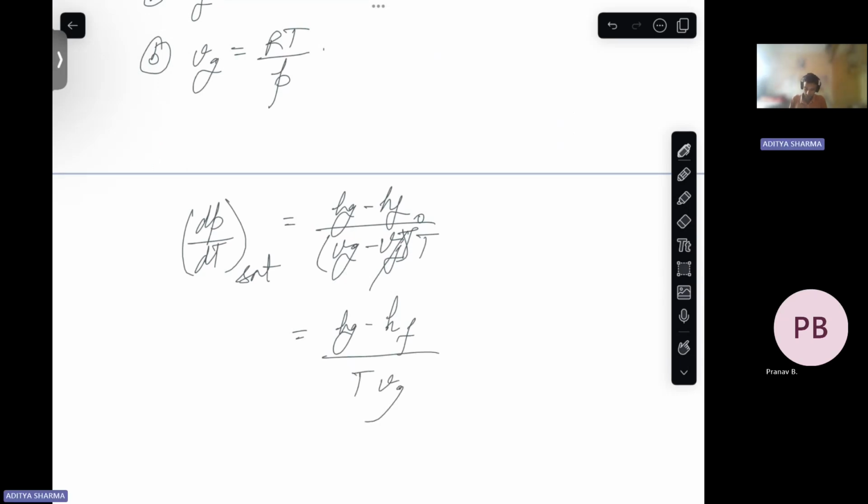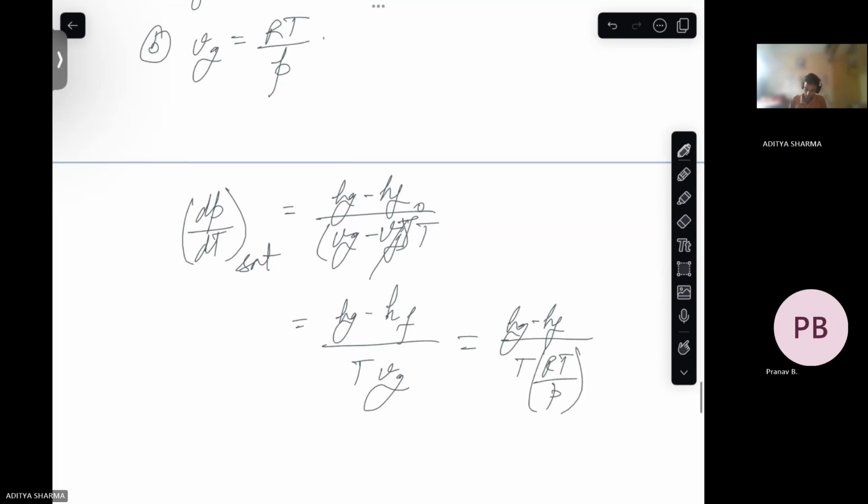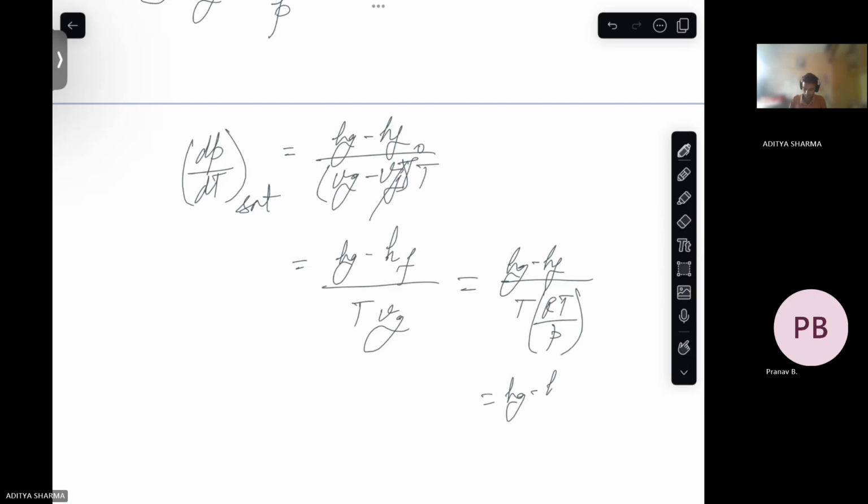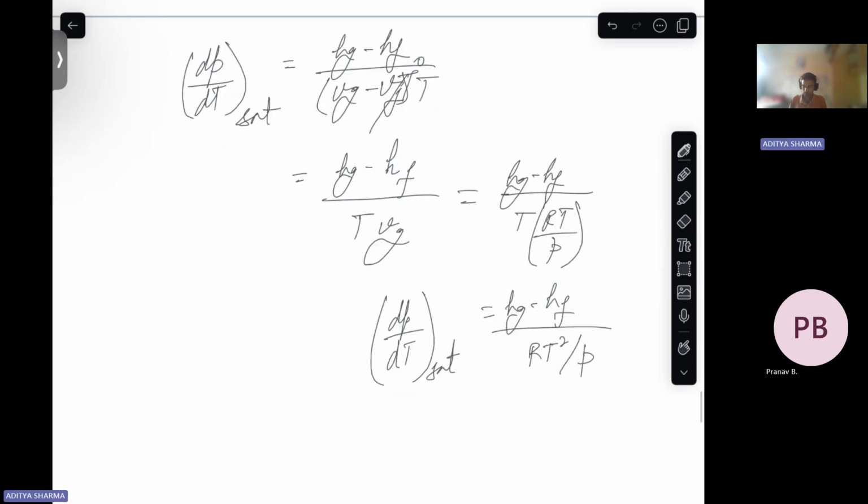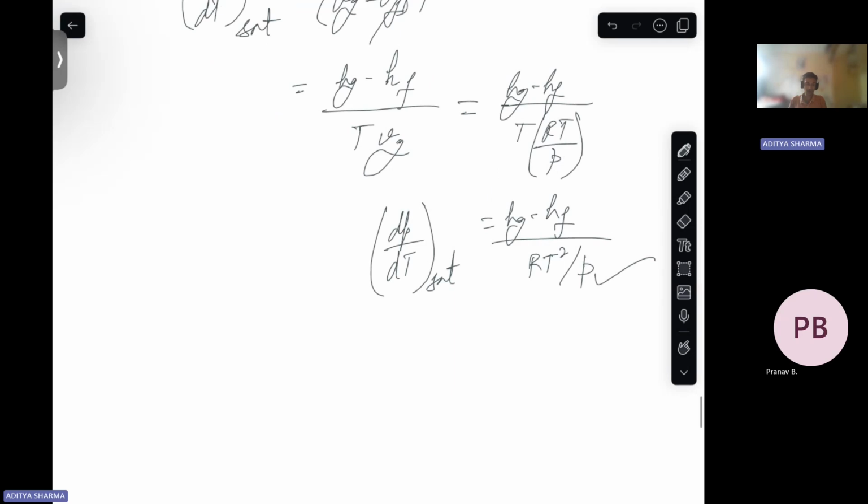P times vg, and vg, as we have seen, can be written as RT by P. So it becomes hfg P by RT squared. So this is your Clausius-Clapeyron equation. Now if we take this P to the left hand side, we get a slightly different form, but essentially it's one and the same thing, right?